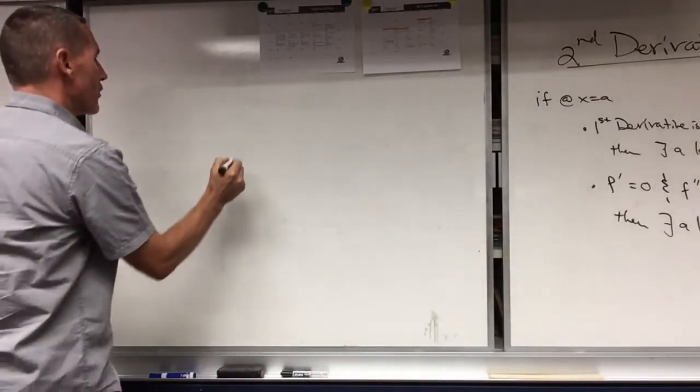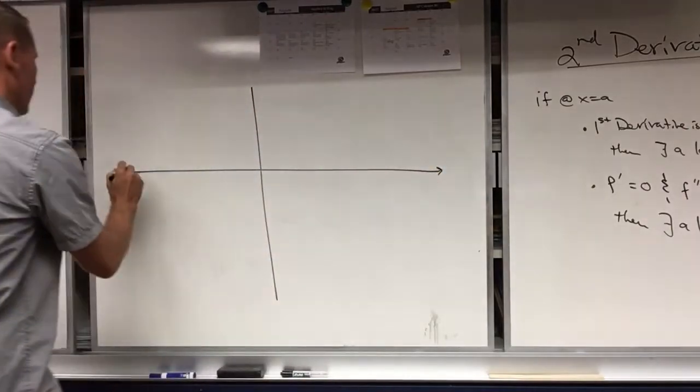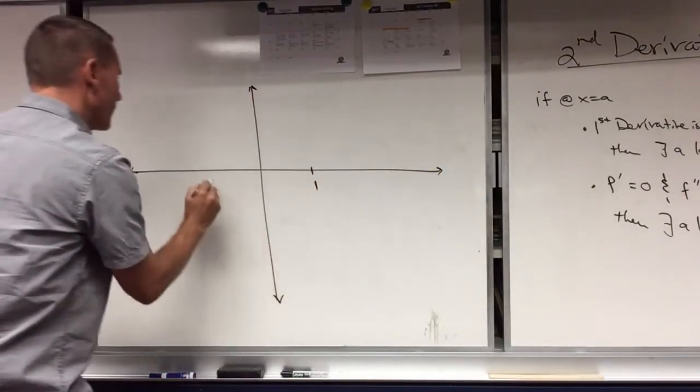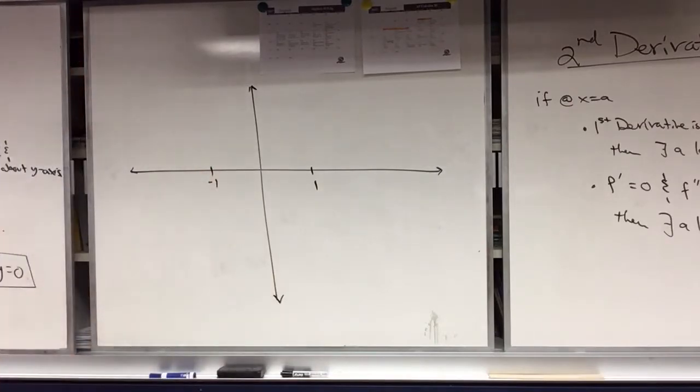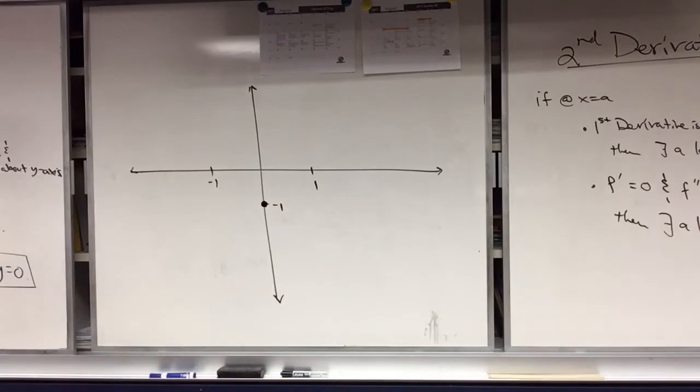Just based on our domain, we know that the function does not exist at x equals -1 or x equals 1. There are no x-intercepts, but there is a y-intercept at (0, -1). And I know that it's symmetric about the y-axis.